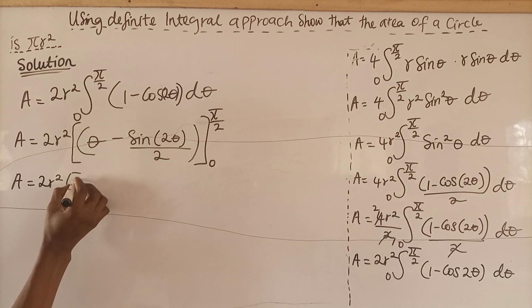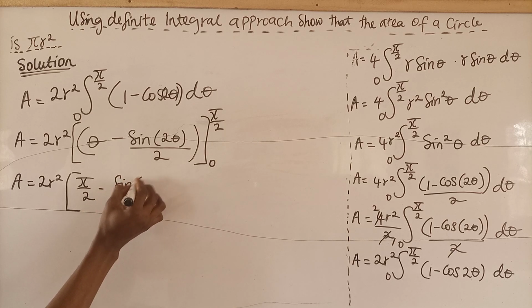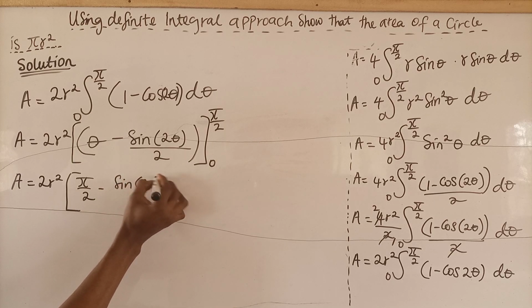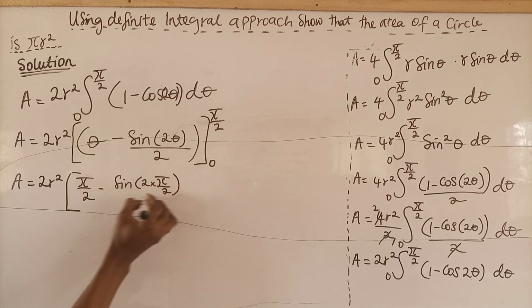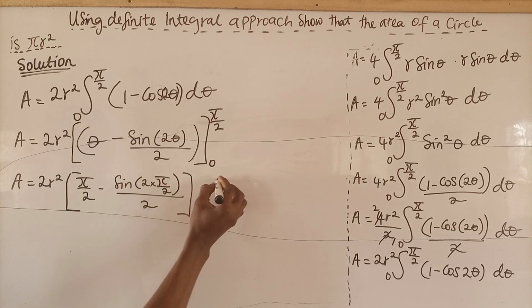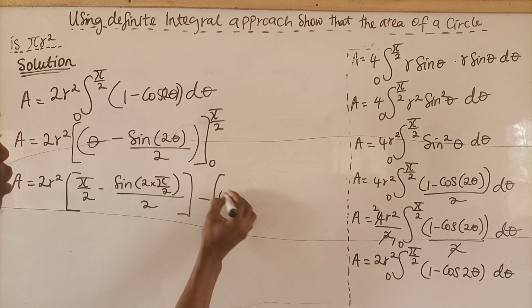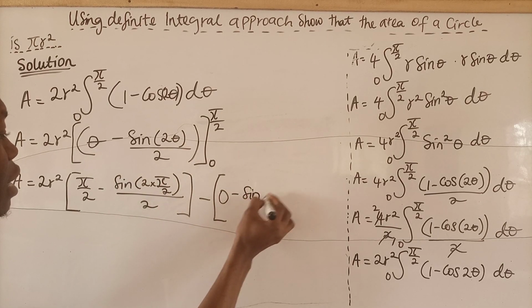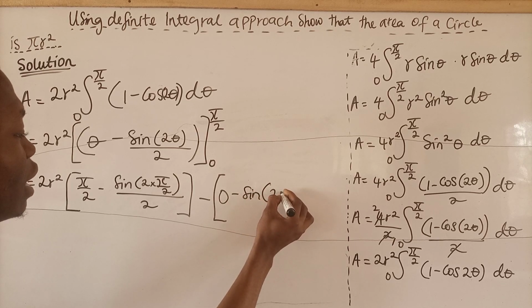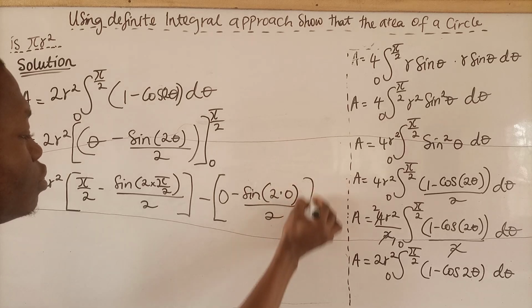So we have pi all over 2 minus sine bracket 2 times pi all over 2 all over 2, minus, anywhere we see theta we put 0: 0 minus sine bracket 2 times 0 all over 2.